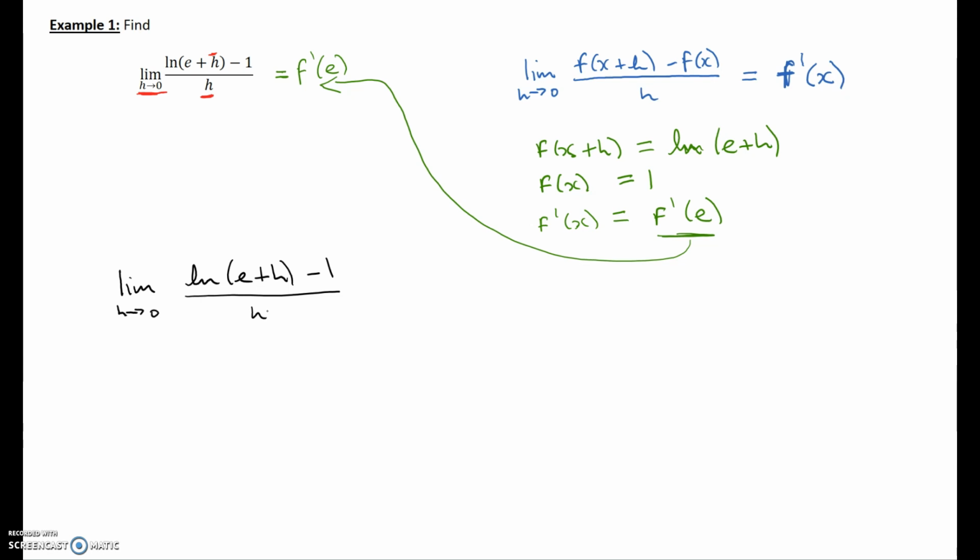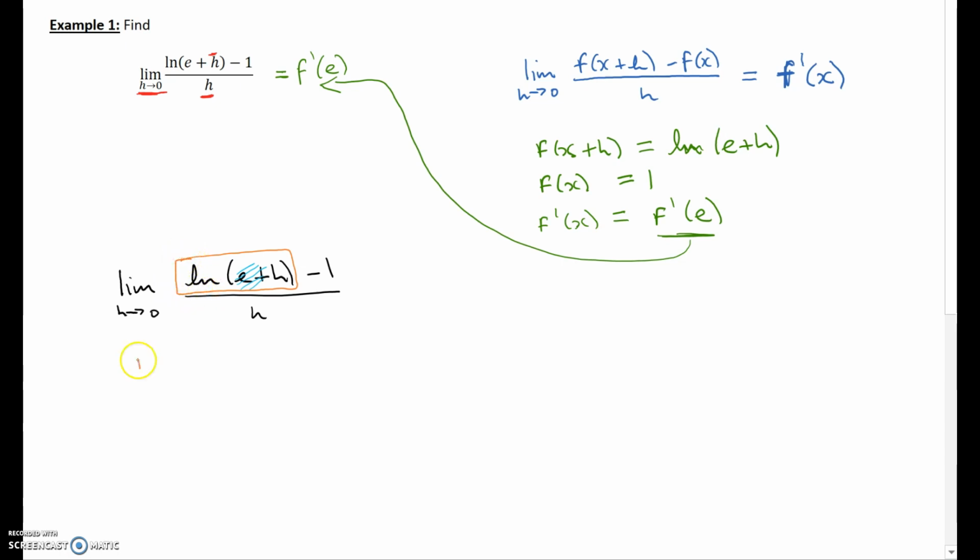And to do that, we're going to block off the piece that's added on to h here at the start. And then whatever is being done to the h, that's our f of x.